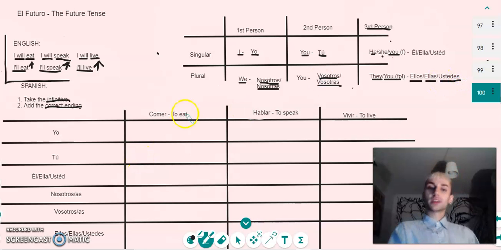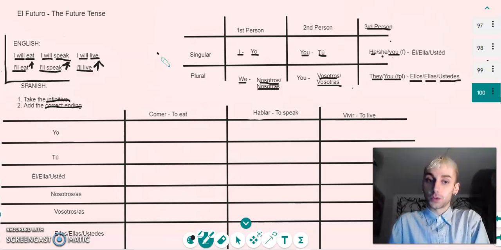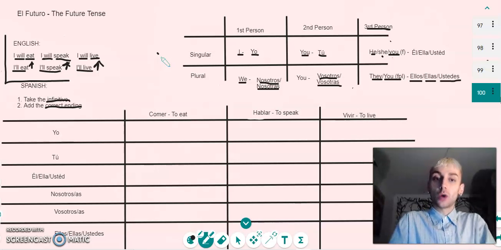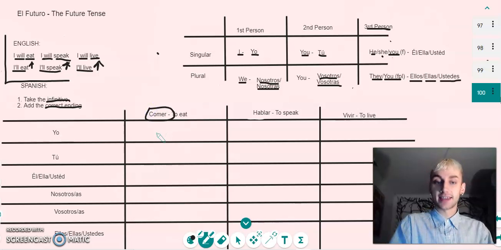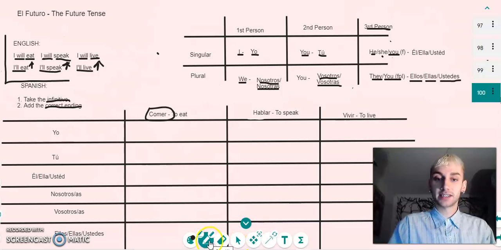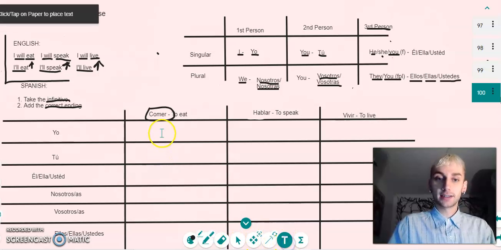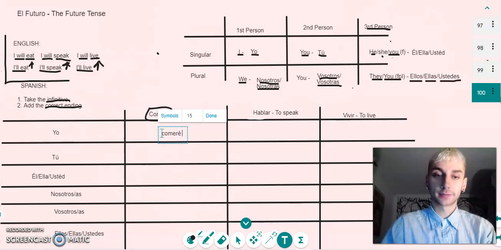What we're going to do now is look at how we actually form the future tense in Spanish. I'm going to take this example, comer, type it into the box, and then add the appropriate ending for the appropriate pronoun. For yo, first person singular, meaning I, we have comeré.